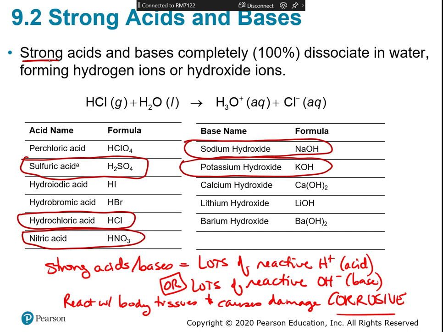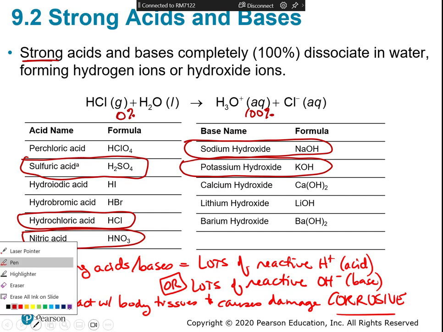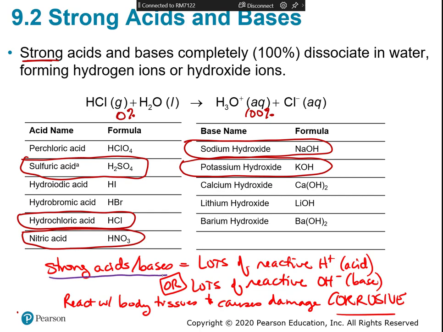Remember, strong means it's like a strong electrolyte. So it dissociates 100%. When you put hydrochloric acid in water, you get 100% ions, 0% remains associated. So the big important thing to remember is that strong acids are going to make a lot of hydrogen ions.